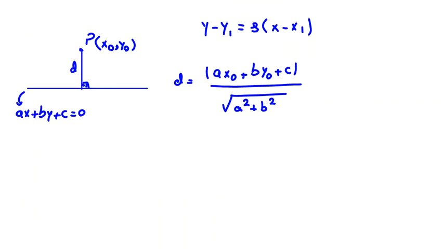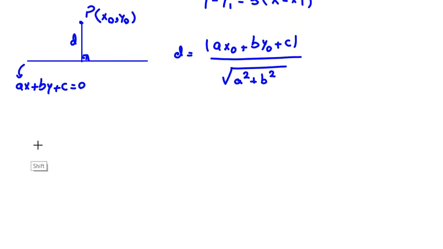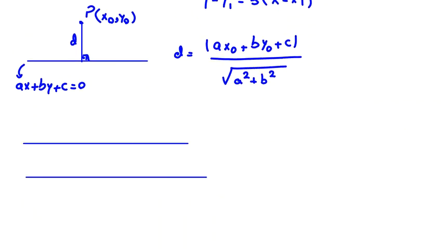Okay. And now, suppose we have 2 lines and we want to find the distance between these 2 lines, two parallel lines. Because if the lines intersect each other, we don't have any distance. Because these two lines are parallel, we can say one is ax plus by plus c equal to 0.